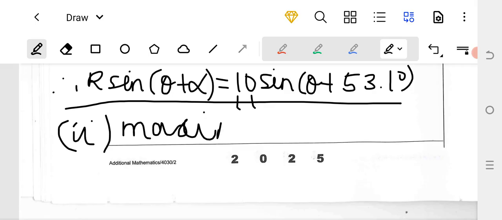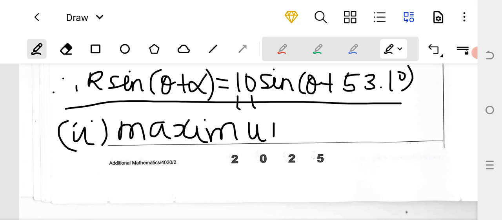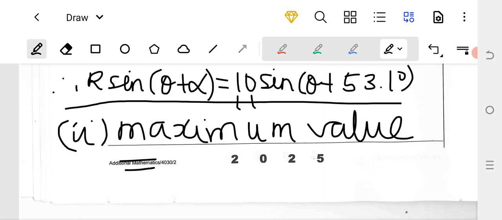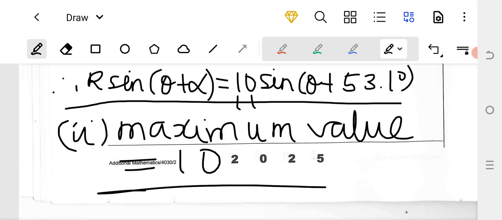Maximum. The handwriting is looking very bad, eh? Maximum value is equal to the value of r, which is just 10. Done.